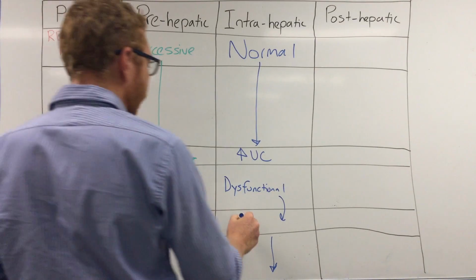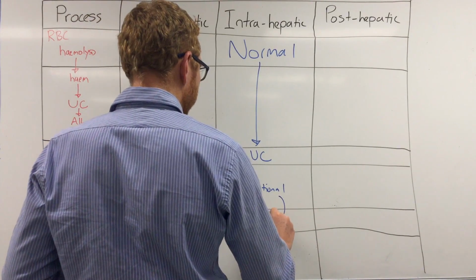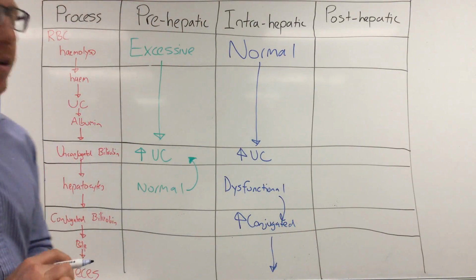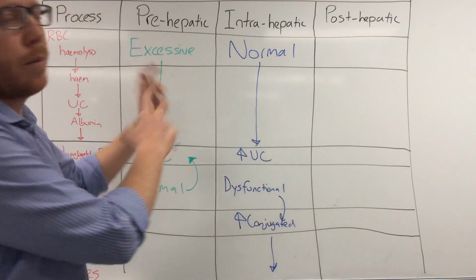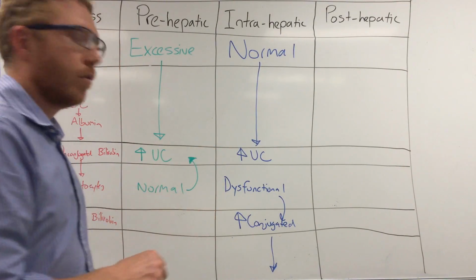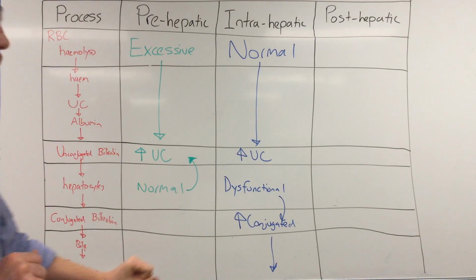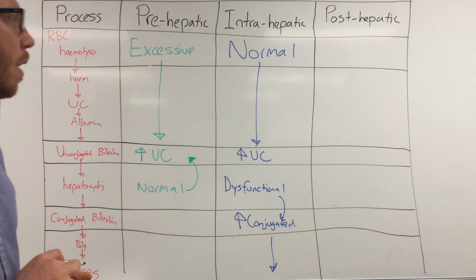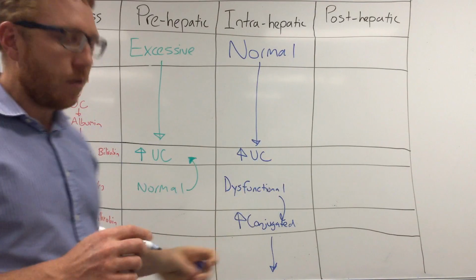So the conjugated could be up as well. So in intrahepatic causes, both these levels are up, which would both lead to jaundice. So the jaundice could be unconjugated and conjugated forms. And the colour of the feces is probably going to be variable. It could be light, could be dark, or could be fairly normal looking.